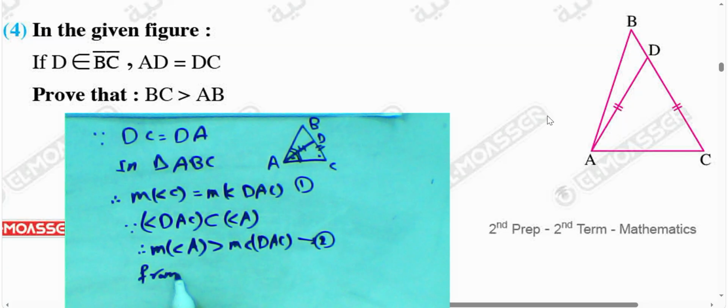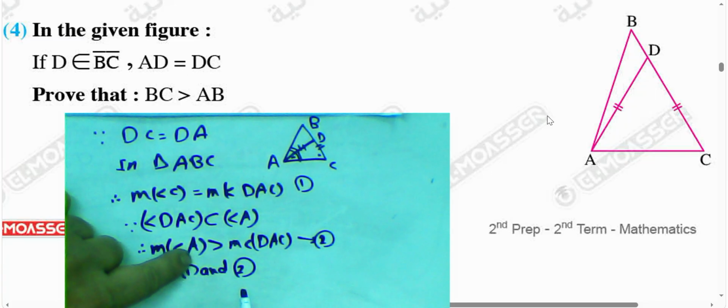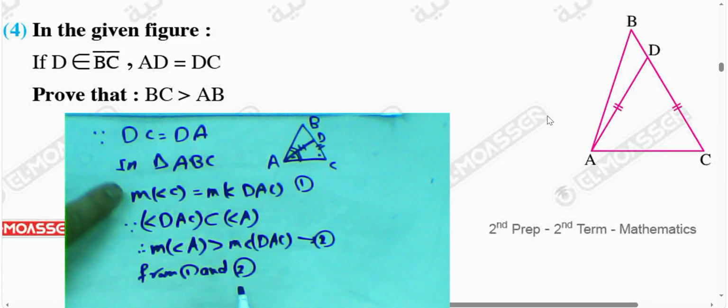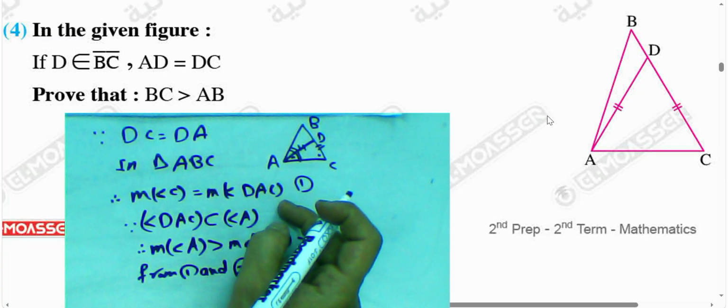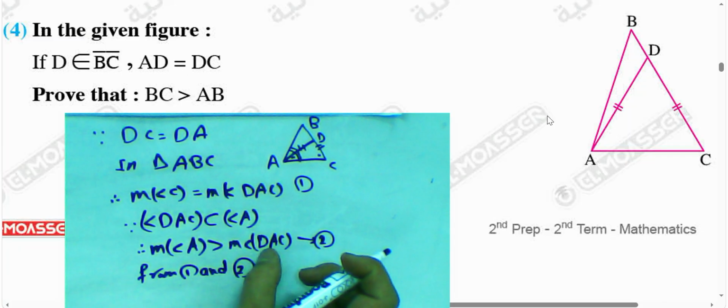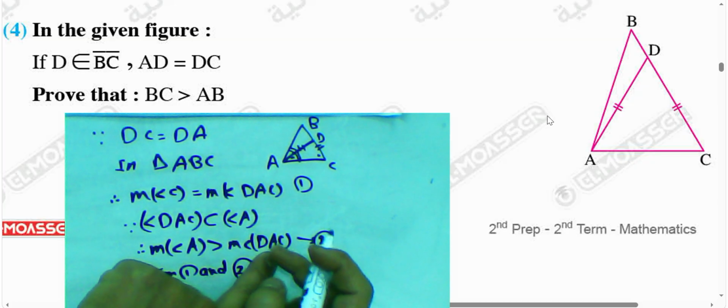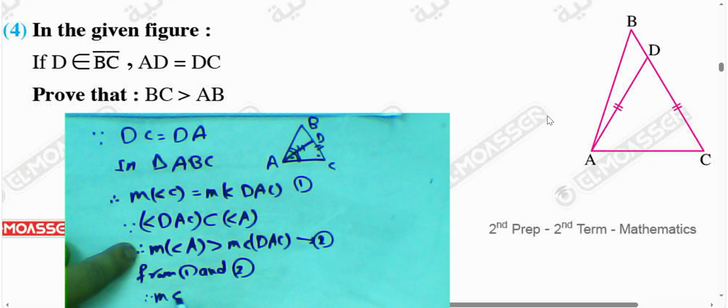From 1 and 2, you can write, cancel angle D. Look here, angle A and angle C. You can cancel angle C. Angle C equals this angle, and angle A is greater than this. They are equivalent. Then the measure of angle A is greater than DAC, and DAC equals C. Then the measure of angle A is greater than the measure of angle C, okay?